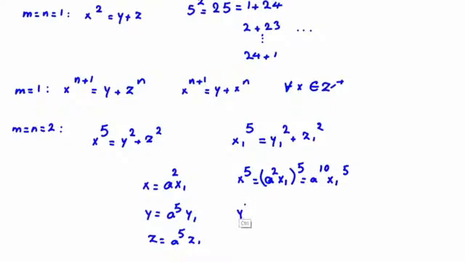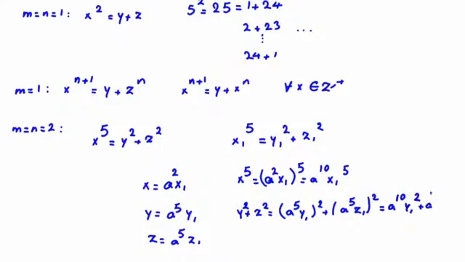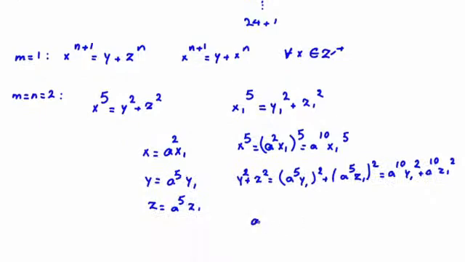And y squared plus z squared equals a to the 5 y1 squared plus a to the 5 z1 squared, so it will be a to the 10 y1 squared plus a to the 10 z1 squared. And now we want to see, are they equal? a to the 10 x1 to the 5, which is x to the 5, is it equal to y squared plus z squared, a to the 10 y1 squared plus a to the 10 z1 squared? a is a positive integer, okay?